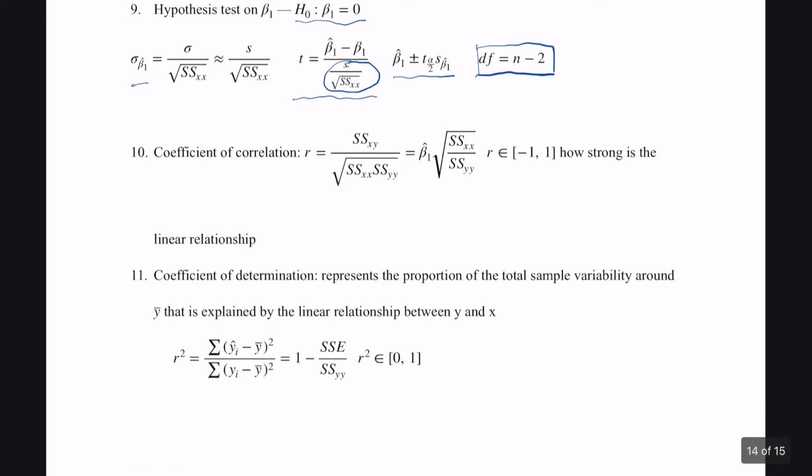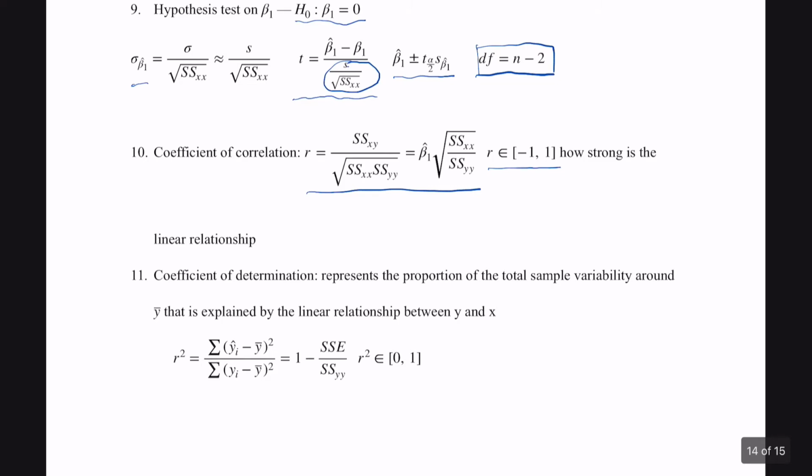And then we have the coefficient of correlation. This is how you calculate it. Pay attention, its value is always between -1 and 1. This value expresses how strong the linear relationship is. 1 means very strong. -1 also means very strong, but in a negative way.